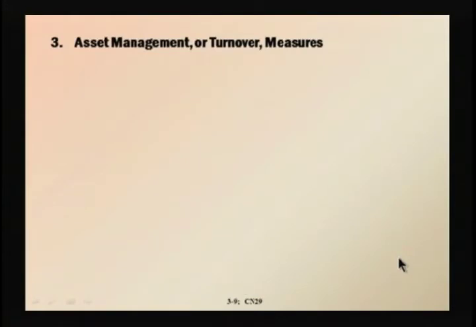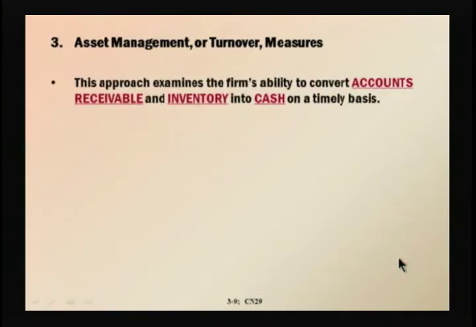The third category is called asset management, or typically turnover ratios. Here we're looking at the firm's ability to convert its accounts receivable, which is this credit we've extended to our customers, into cash. They have our cash in their hands; we've sold to them on credit, so they haven't paid us yet.